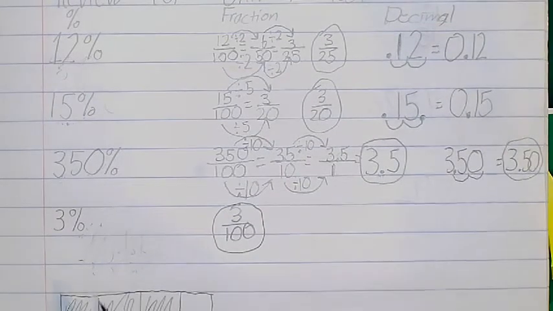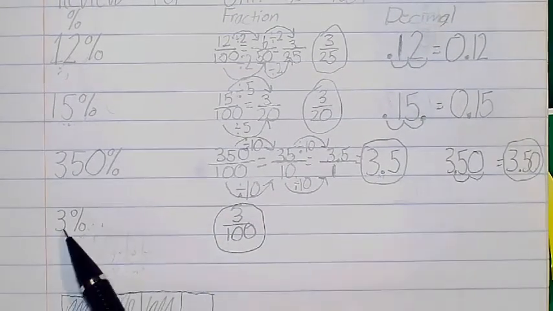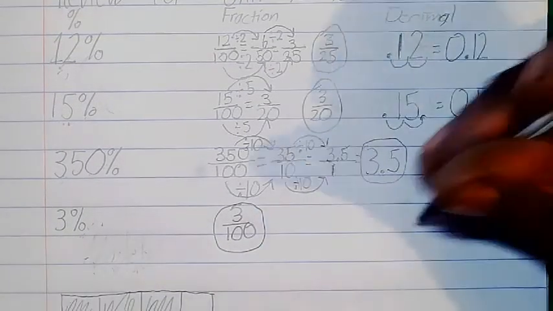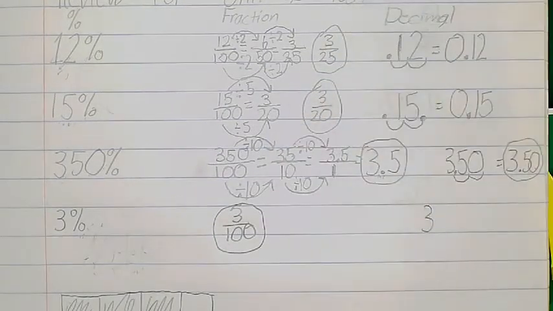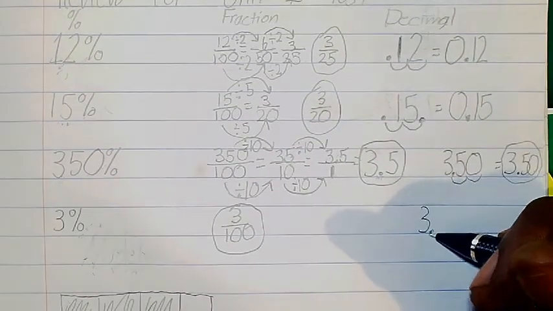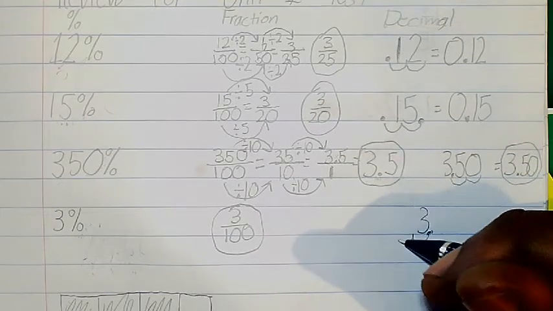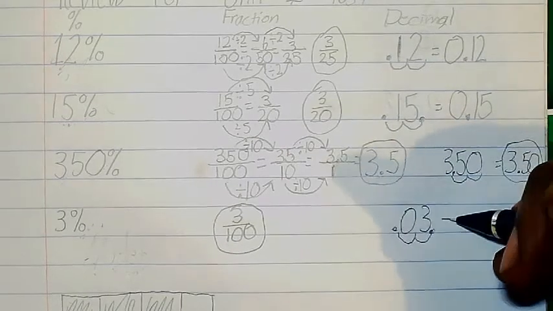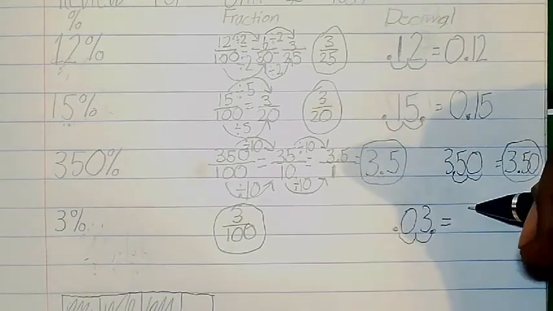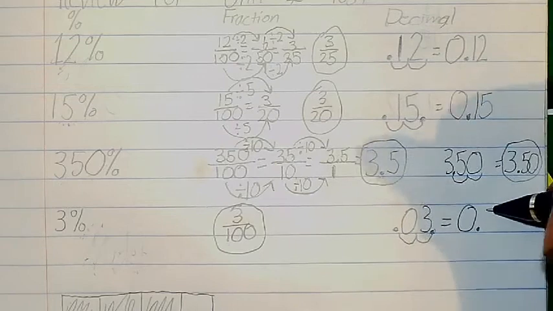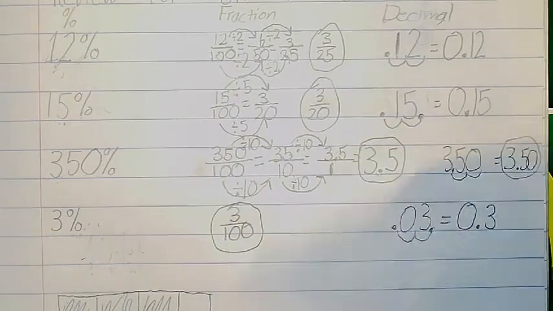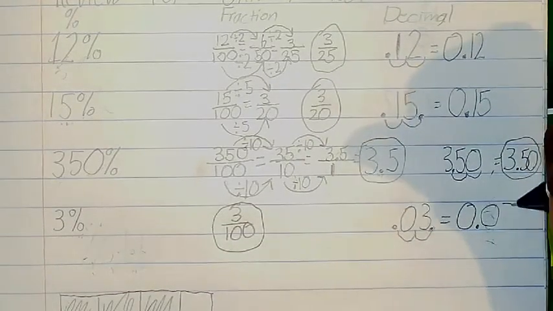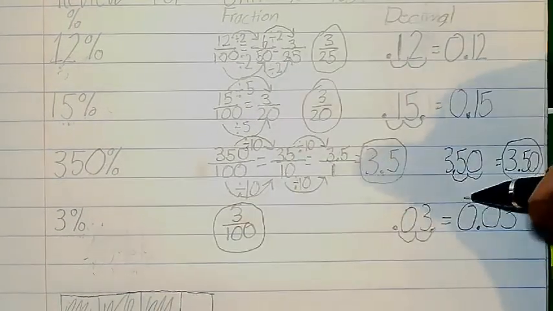Similar to this one, when we rewrite this percent as a decimal, we have 3. We have to move the decimal point 2 places to the left. 1, 2, add a placeholder 0, and that is going to equal 0 and 3 hundredths.